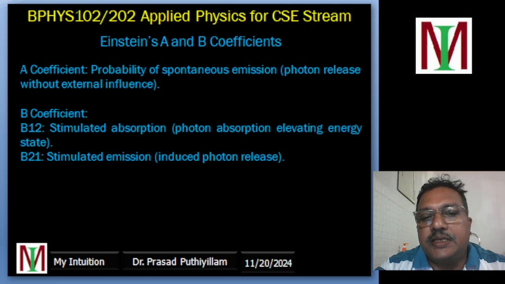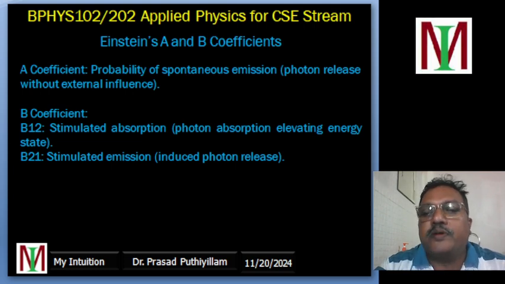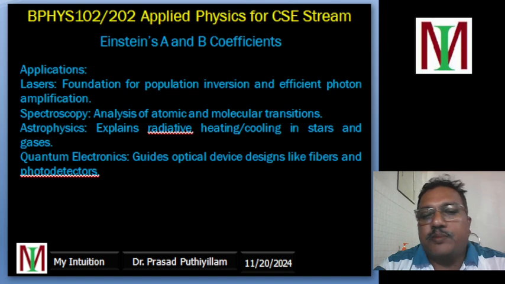B21 is for the stimulated emission, which refers to the probability that an atom in an excited state will be induced to return to a lower energy state by interacting with a photon. This is called stimulated by the presence of electromagnetic radiation of the same frequency. That is about Einstein's A and B coefficients.